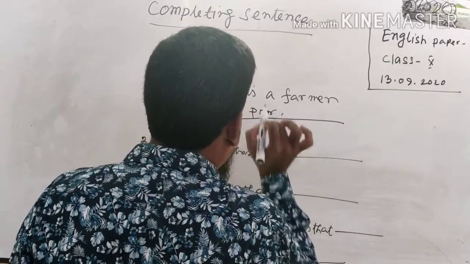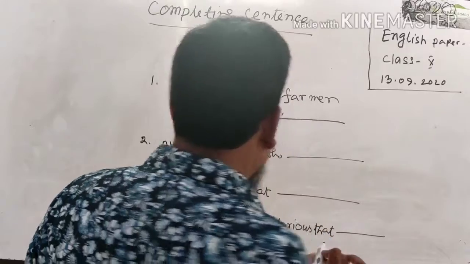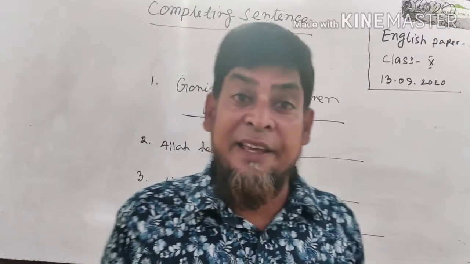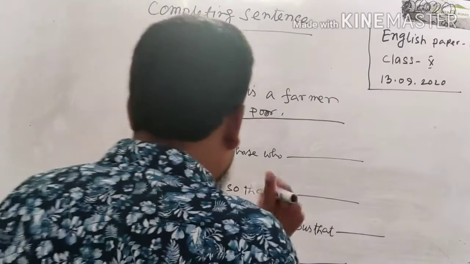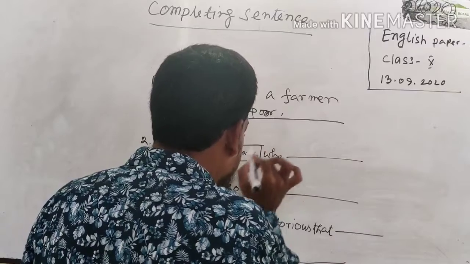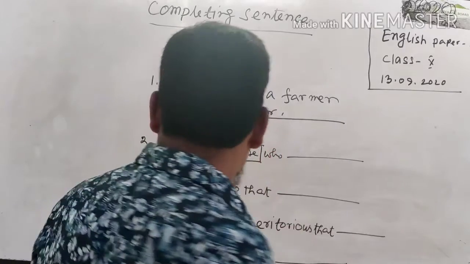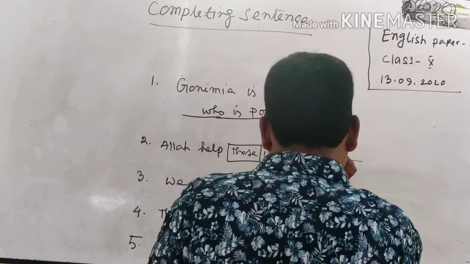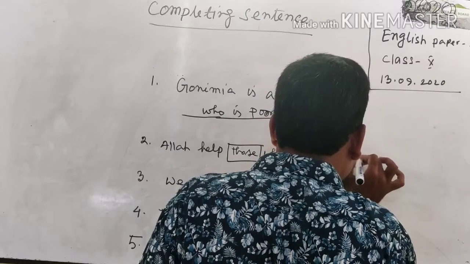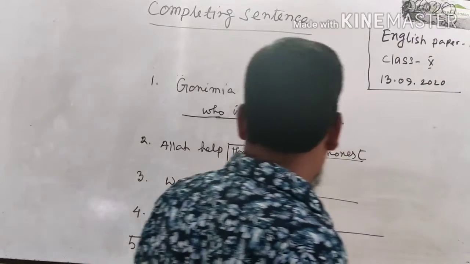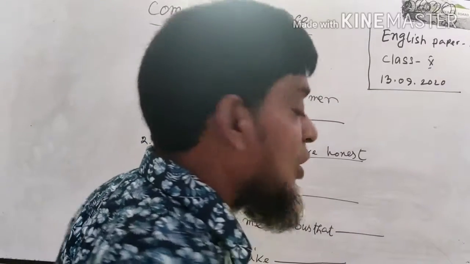Number two: Allah helps those who. Here the antecedent is plural, so a plural verb will be used in the blank. Allah helps those who are honest.